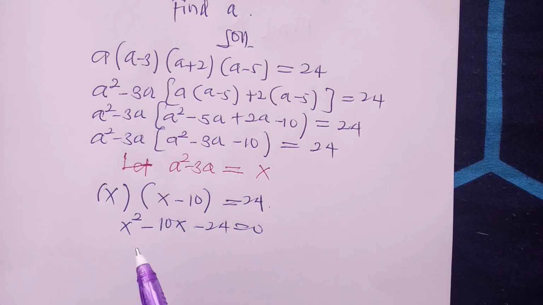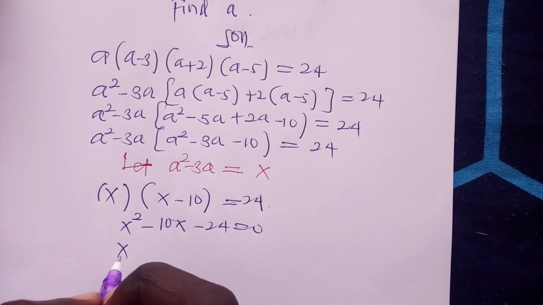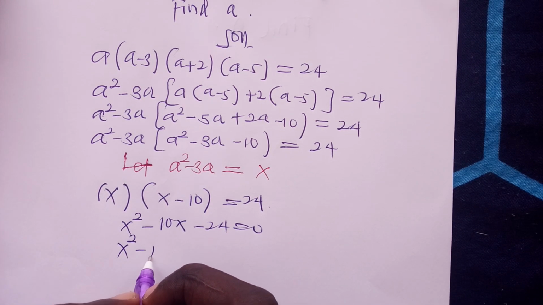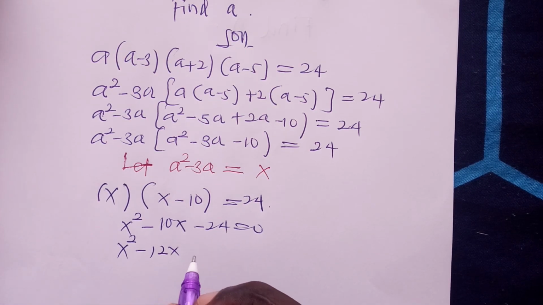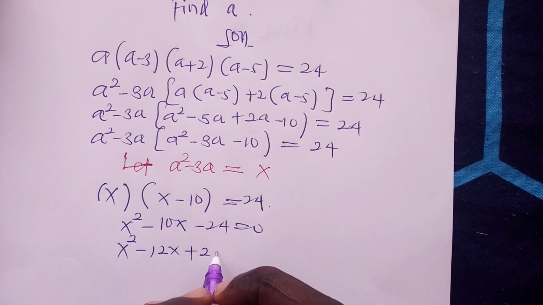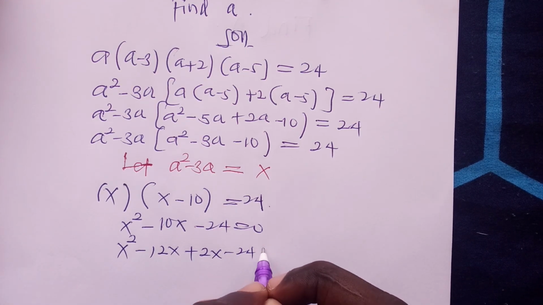That is, if you use 12 times 2, we know 12 times 2, it is 24. Then we say x square, instead of this we have minus 12x, we say plus 2x minus 24, then everything becomes 0.